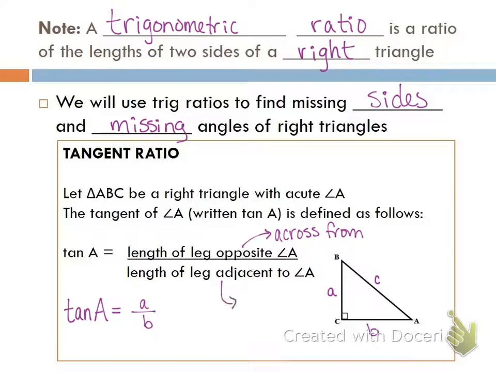Adjacent is going to mean next to, but it cannot be the hypotenuse. Okay, we will talk about using the hypotenuse when we talk about the other trig functions. Tangent does not use the hypotenuse. So when we say adjacent, we mean next to the angle, but not the hypotenuse.